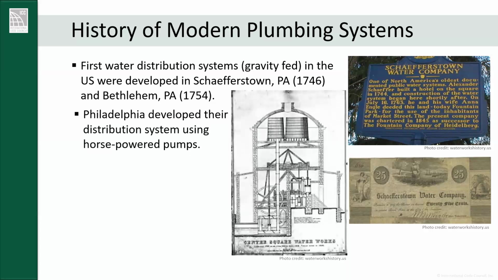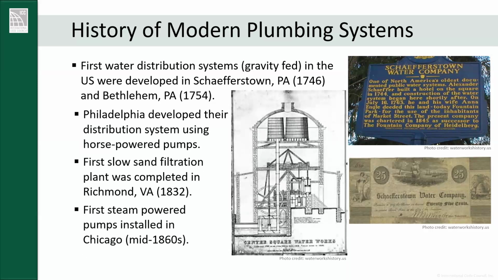And Philadelphia actually developed the distribution system using some horse-powered pumps, literally horse-powered. And then the first sand filtration plant was in Richmond, Virginia in 1832. And the first steam-powered pumps were actually in Chicago in the mid-1860s. So those have been around about 250 years or so.